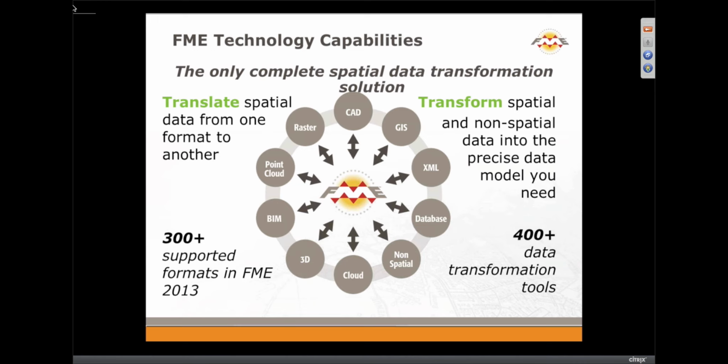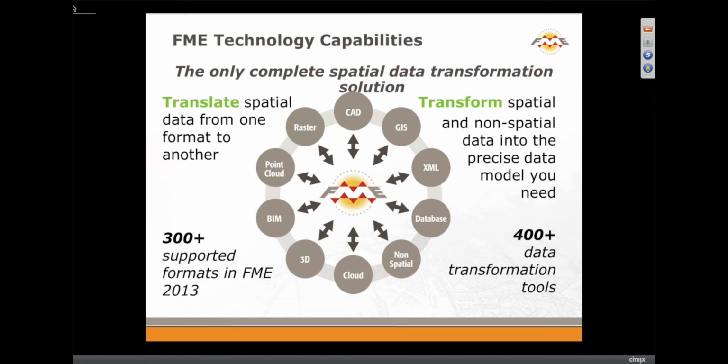FME's goal in life is to help you move data between a wide variety of formats. At Safe Software here, we started out in the CAD GIS arena, added database supports, particularly spatial databases, and over time we've added a lot of different formats from very different spatial contexts.